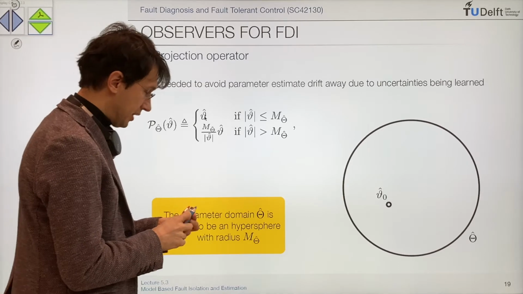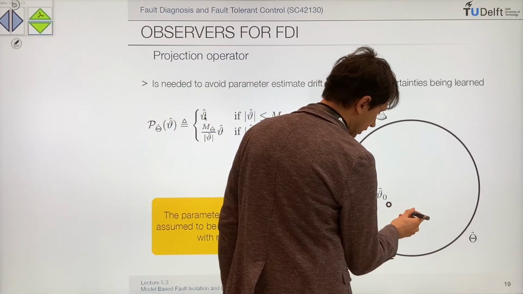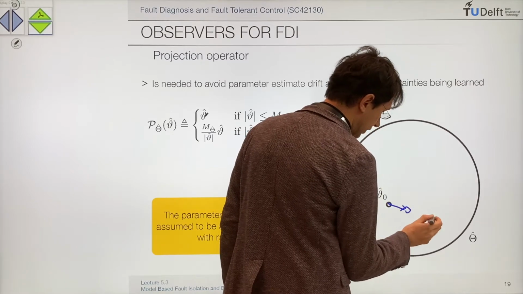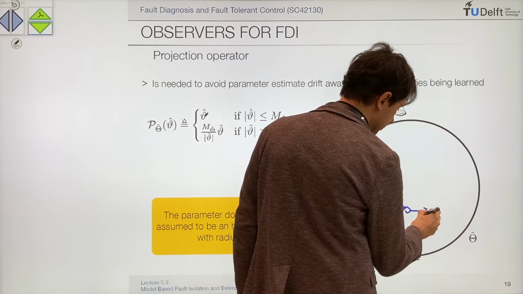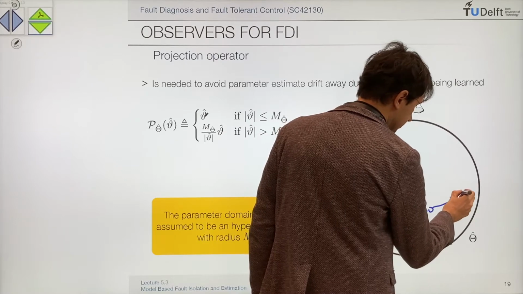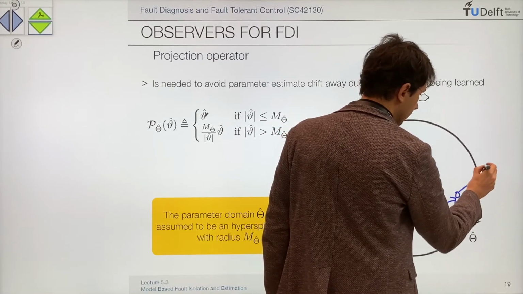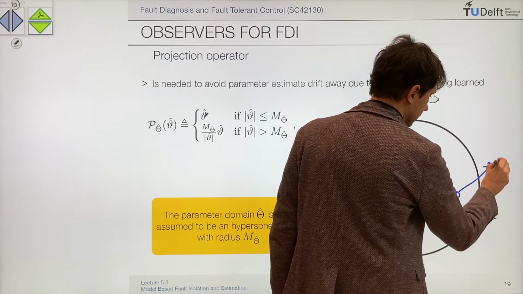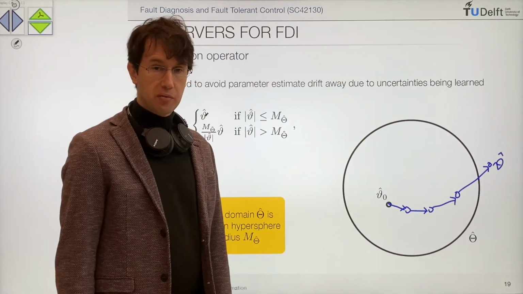So to visualize that, let us assume that we are moving like this. We are in discrete time, so we move by discrete steps. So we get different values of theta. At some point, our step would take us outside. This would be theta hat before applying the projection operator.